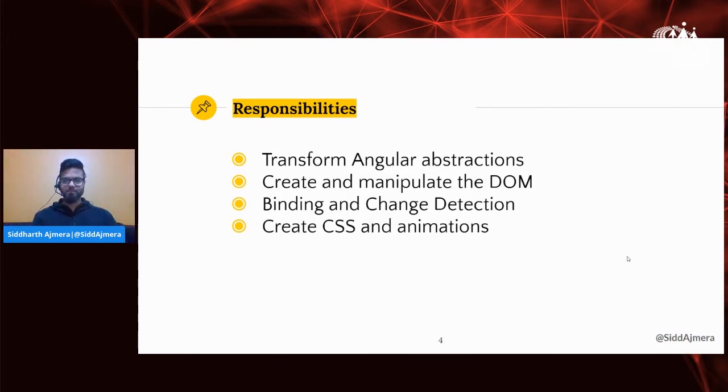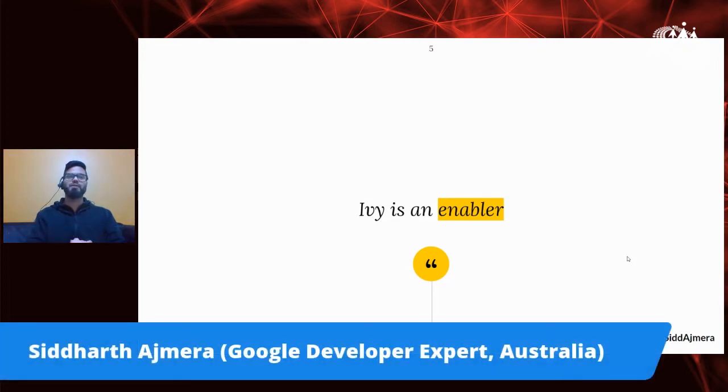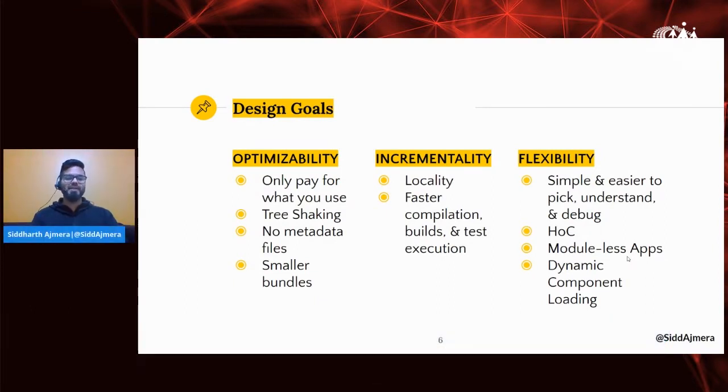Now, Ivy is also an enabler, and you might have heard quite a lot about this particular statement in the past from a lot of the community members who are really active in terms of Angular. So when the Angular team started to work on Ivy, they had quite a lot of design goals in mind, and everything revolved around three major aspects.